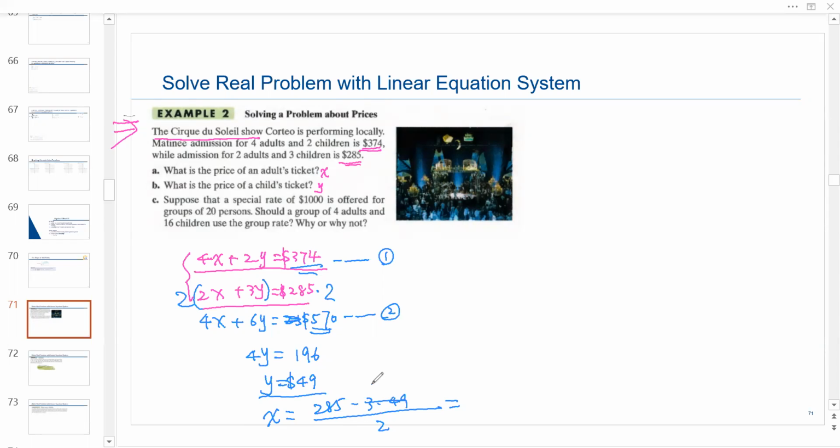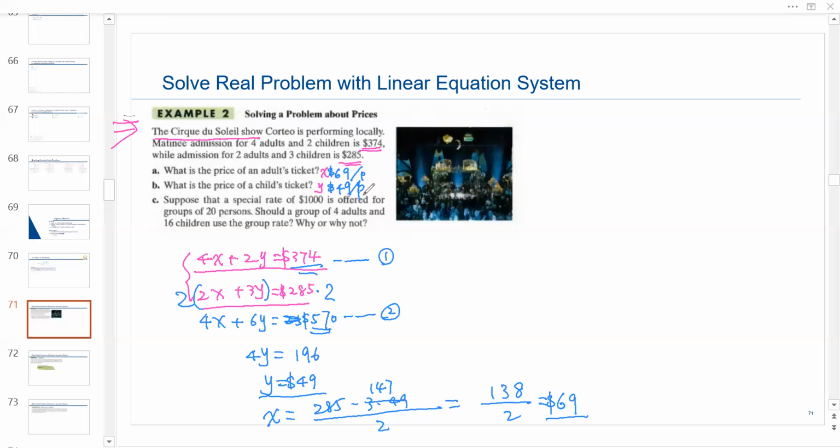So here is 147, and you can quickly get 138 divided by 2 equals $69. Right? So adult is $69. And kids need $49 per person, each person, right? All right, so we get 2 answers quickly.